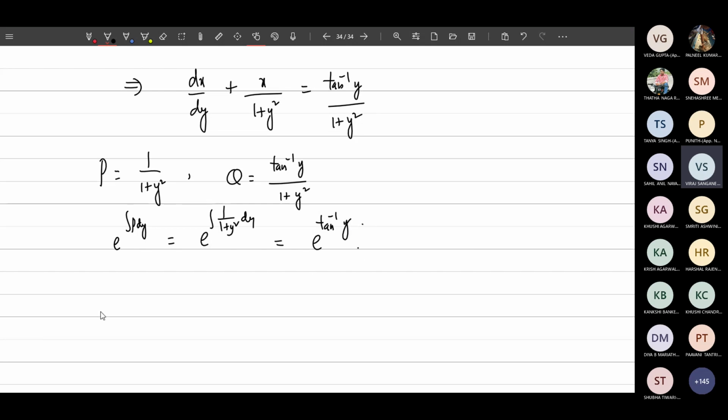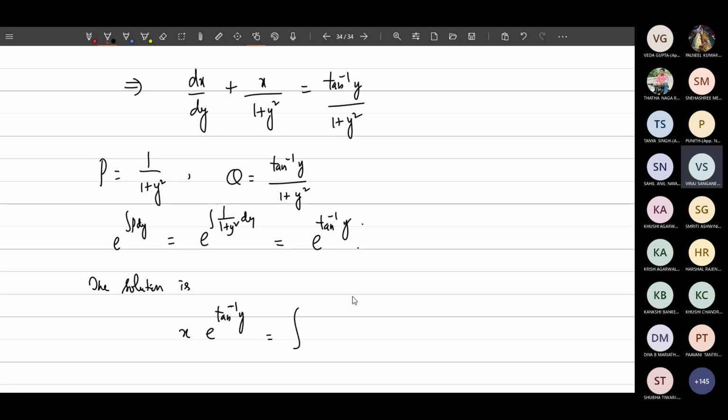So therefore the solution is x e to the power of tan inverse y equal to integral. What is the solution you are finding here?